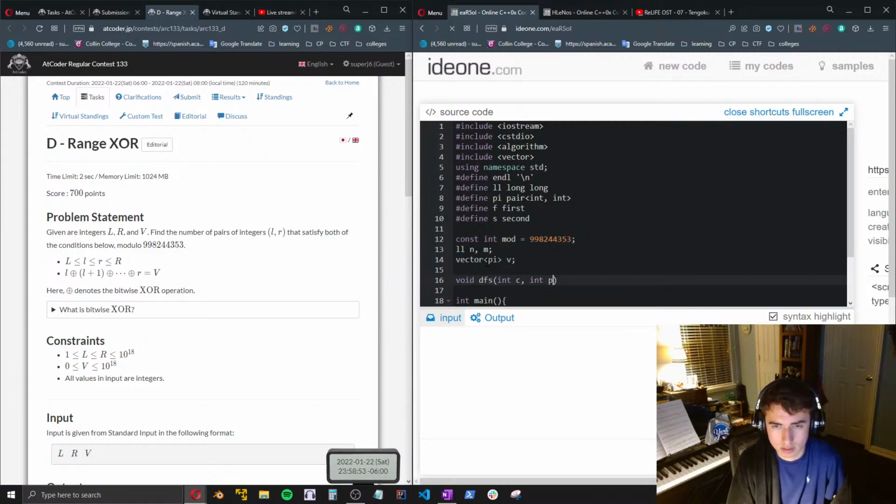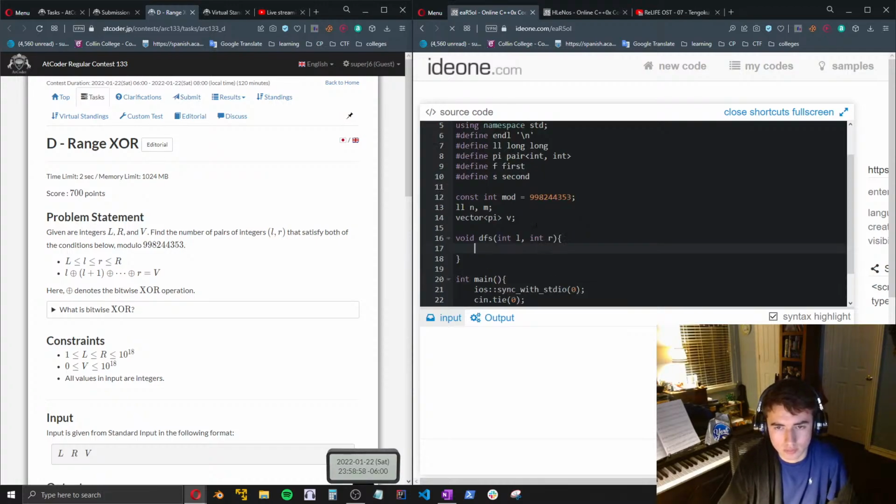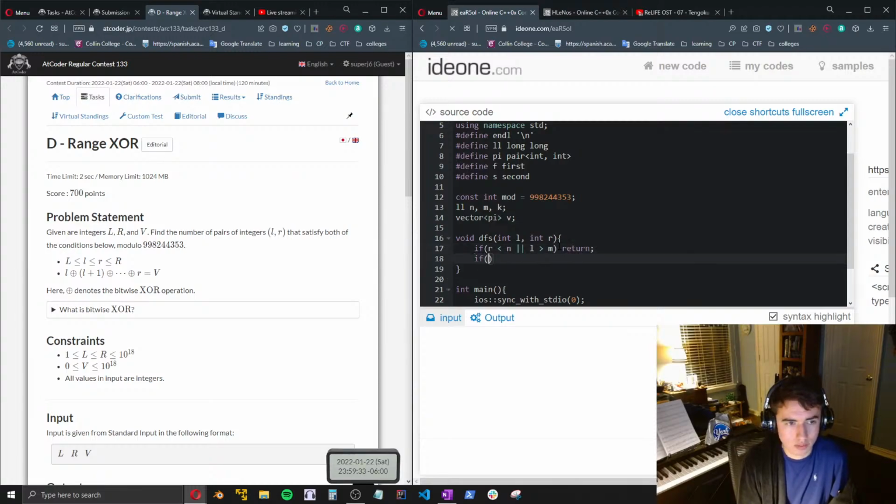This. Alright. If R is less than M, or L is less than N, or R is less than N, or L is less than M, L is greater than... If, what?